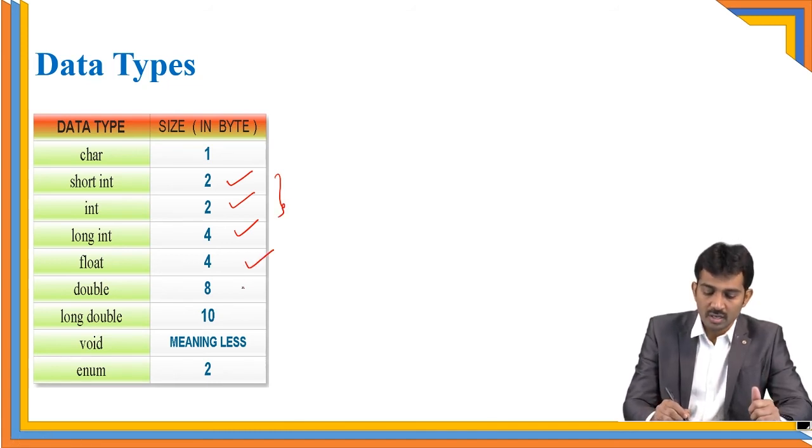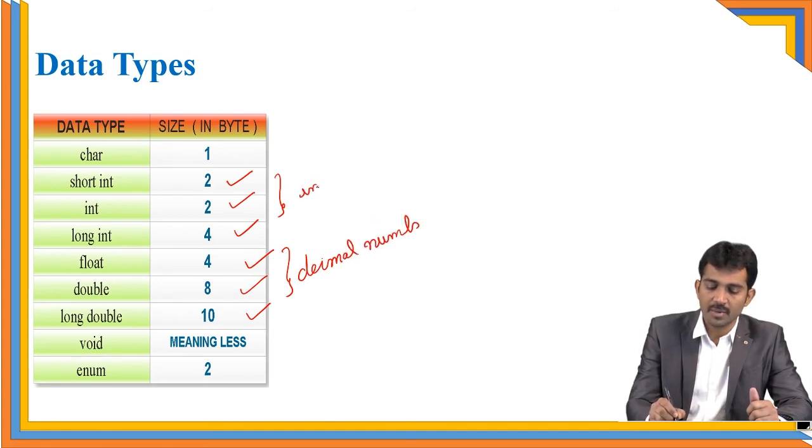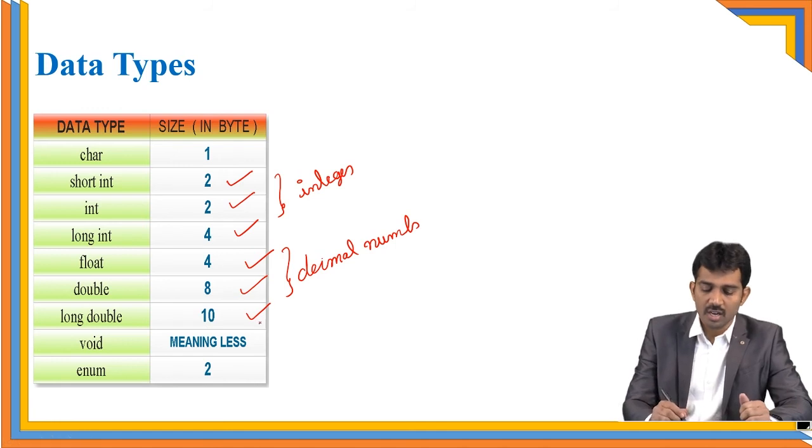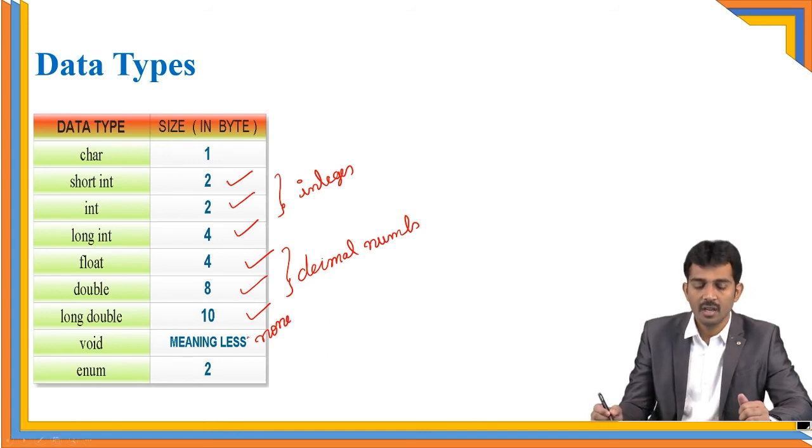Float, double and long double are going to store decimal numbers. Integer numbers means it doesn't allow the decimal part. And void means none, there is no meaning for void here. Enum we will discuss later.